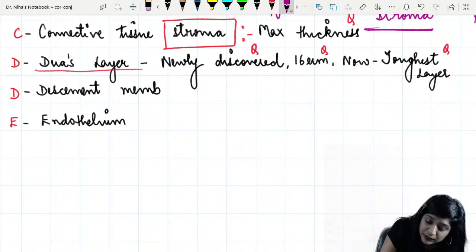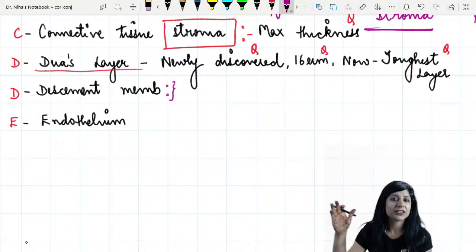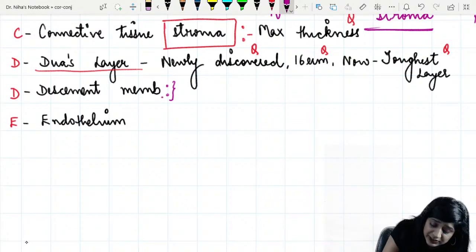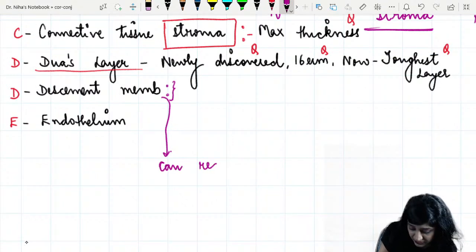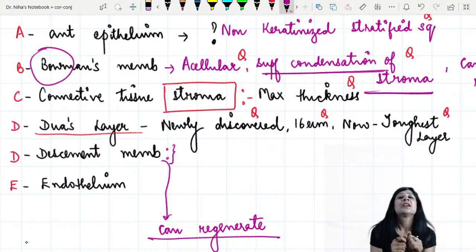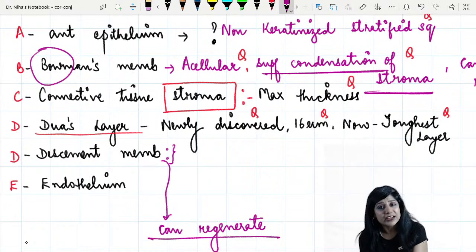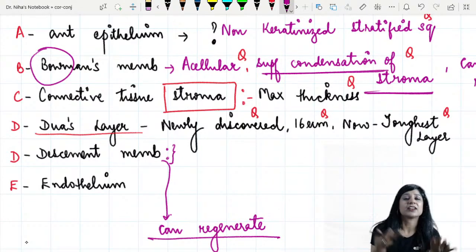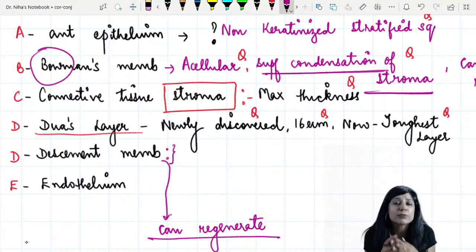Now, the Descemet's membrane is very, very important. Why? Because Descemet's membrane is a membrane which can regenerate. This is just for learning. Bowman's is acellular, has no cells, therefore it cannot regenerate, because it is just the condensation of the stroma.